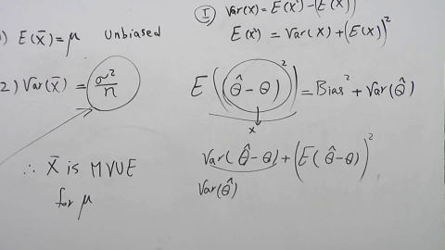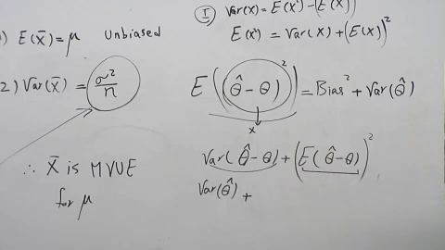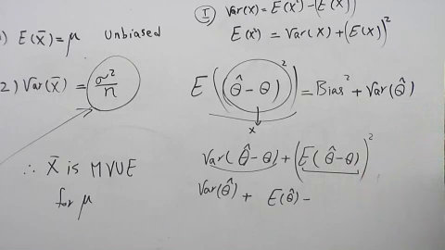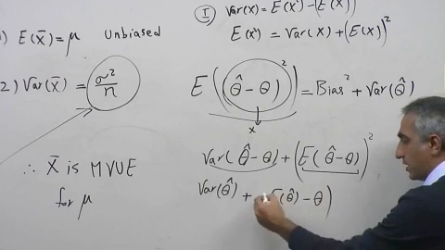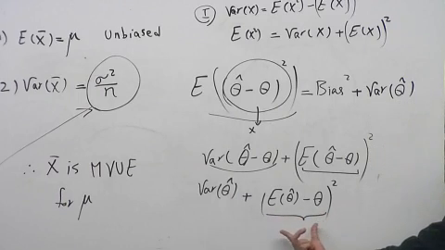So its variance is 0. So it's variance of theta hat plus, what is this guy? It is the expected value of theta hat minus the expected value of a constant. The expected value of a deterministic variable is the same thing. This guy is squared. What is this guy? Expected value minus true parameter. That's the definition of bias.